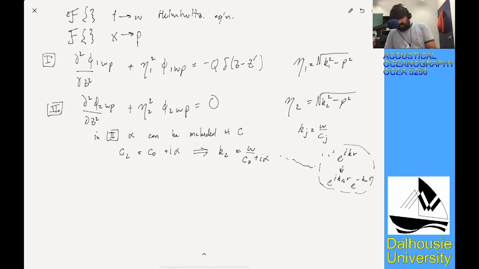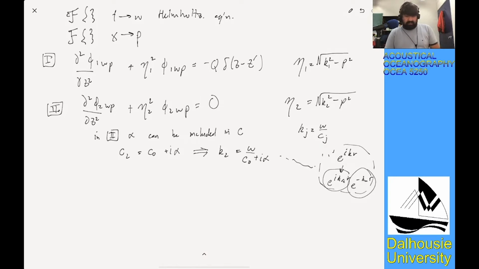And so this is going to give you an exponential decay. In other words, it's going to do the job of attenuation, while this part is going to be your wave. So this, k2 equals omega over c naught plus i alpha, is a very nice way to include attenuation without having to add an extra complication.